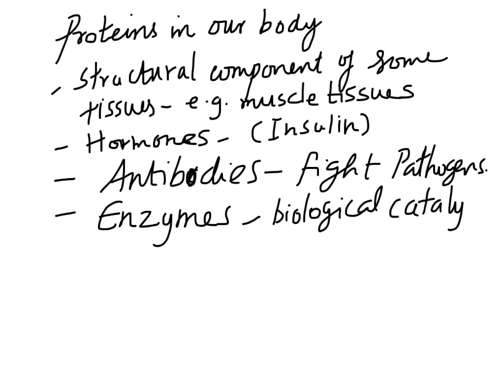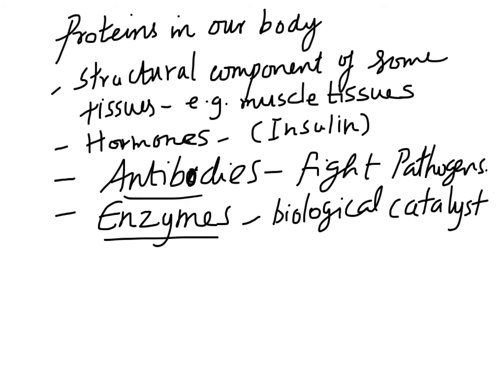They speed up chemical reactions that happen in our body. For example, breaking down carbohydrates, which are our main source of energy, into glucose. That sort of thing is done by enzymes, which are proteins. And many other cell parts are made up of proteins. These are the main examples.